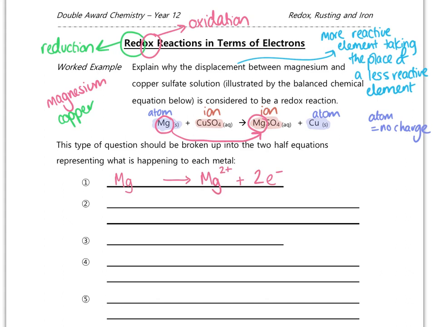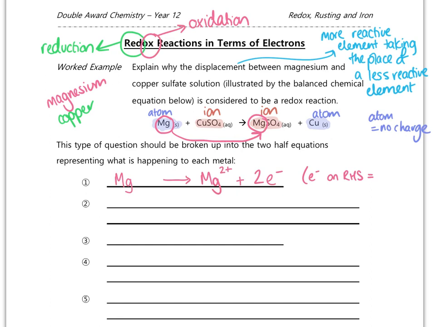So you're thinking on the left hand side, is it an atom or an ion? On the right hand side, is it an atom or an ion? And that's why it's helpful to have identified that from the main equation at the start. So let's think what's happening to the magnesium in terms of our electrons. What I would advise at this stage is think about what side your electrons are on and what does that mean? In this case, the electrons are on the right hand side. What does that mean?